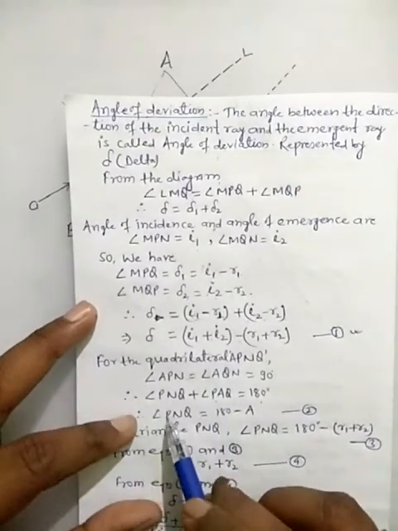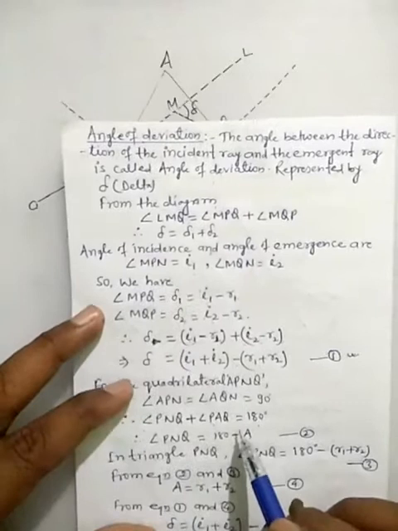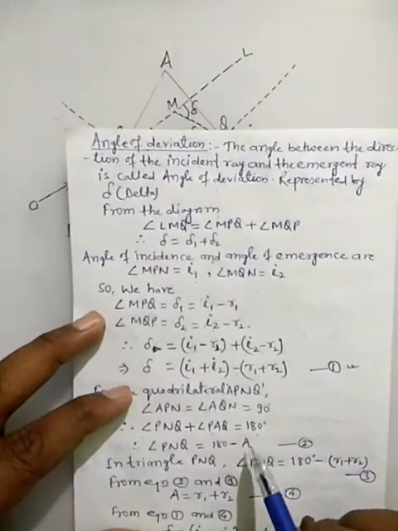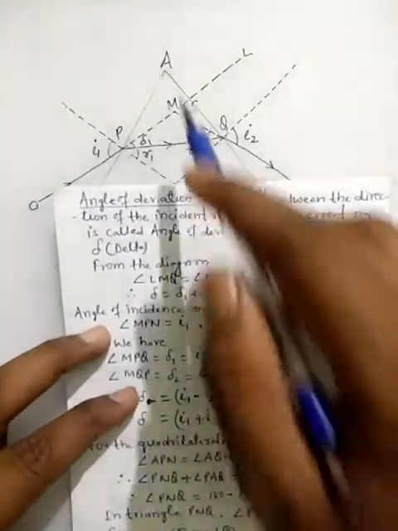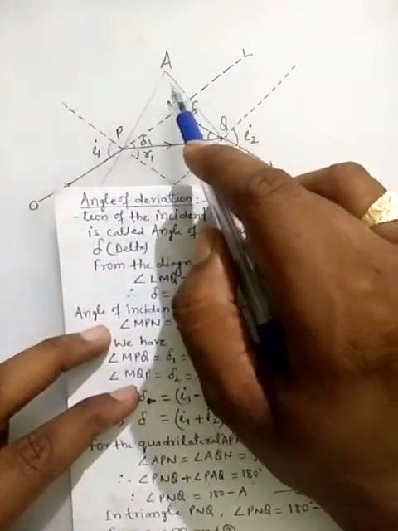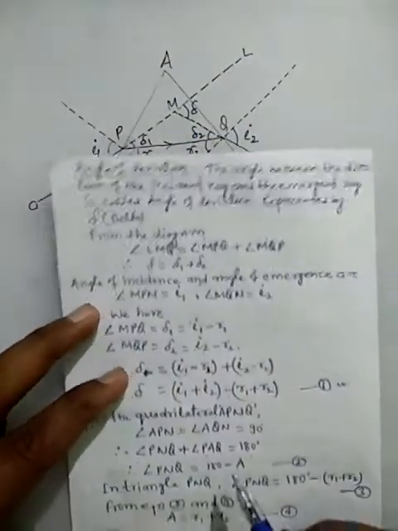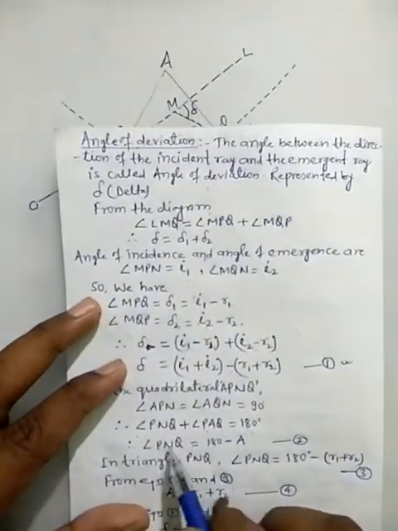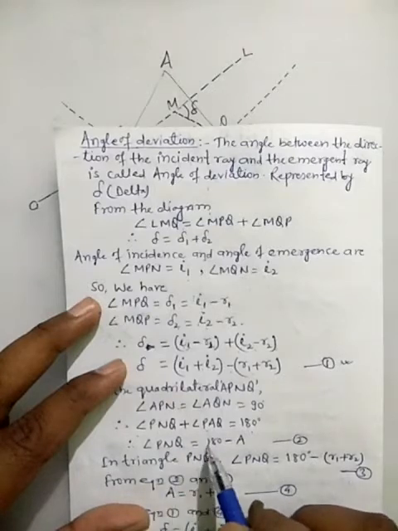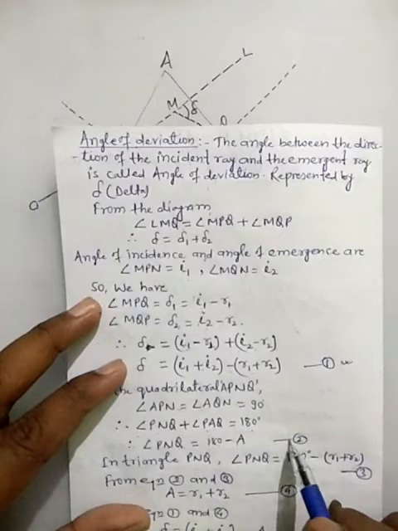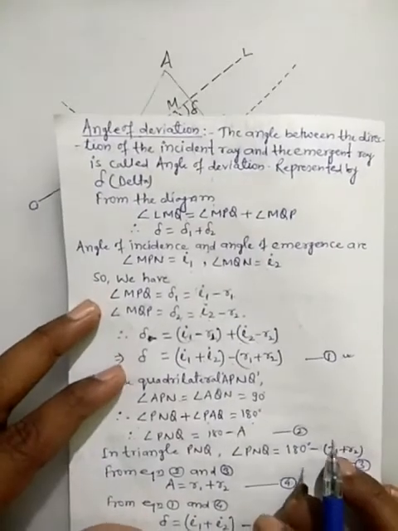Therefore, angle PNQ will be equal to 180 minus A, where A is the angle of prism. This will be equation number 2.